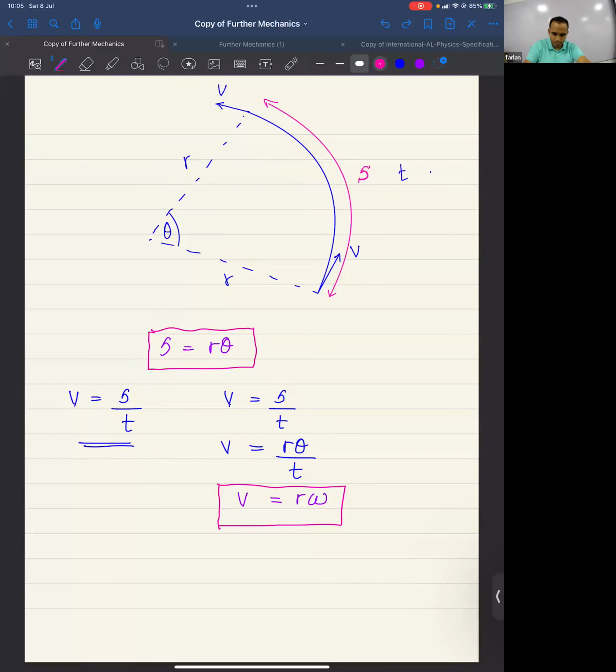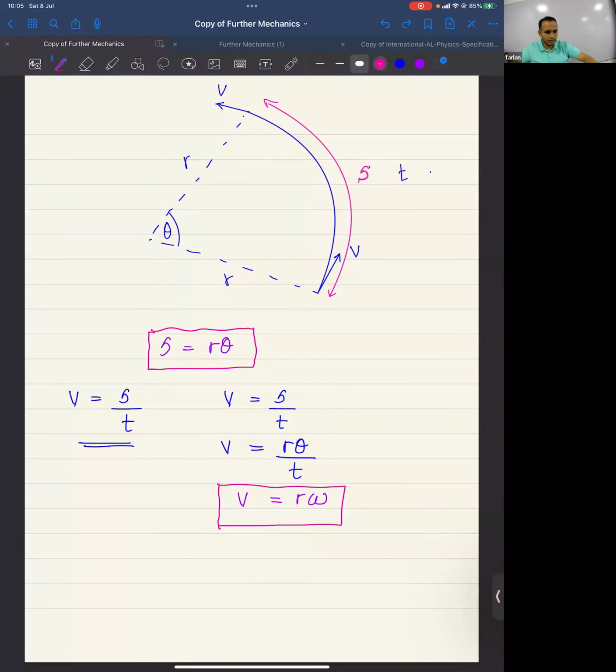So how I connected them is, if v is equal to s over t, this s I can now replace with r theta. So v becomes r theta over t. Correct? And the theta over t, what is that? That is angular velocity. So I'm replacing theta over t with omega. So it becomes v equals r omega. Is that okay?